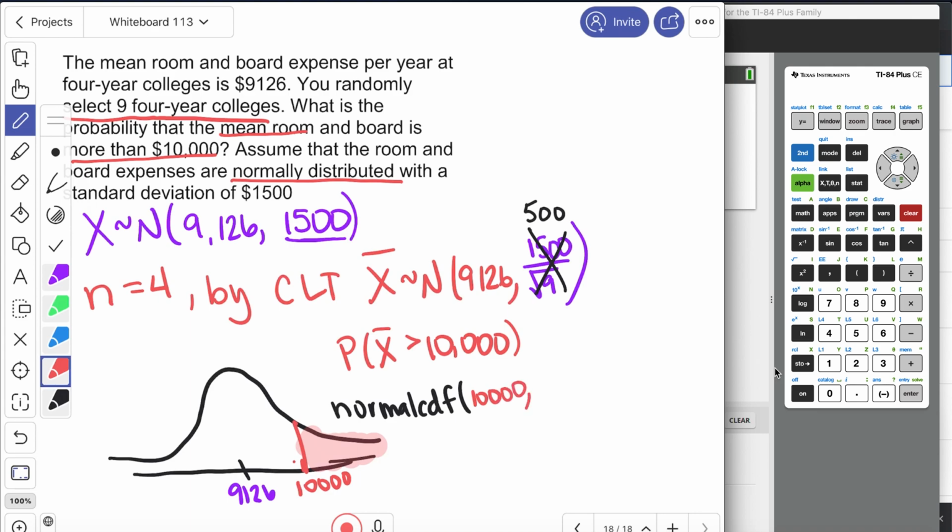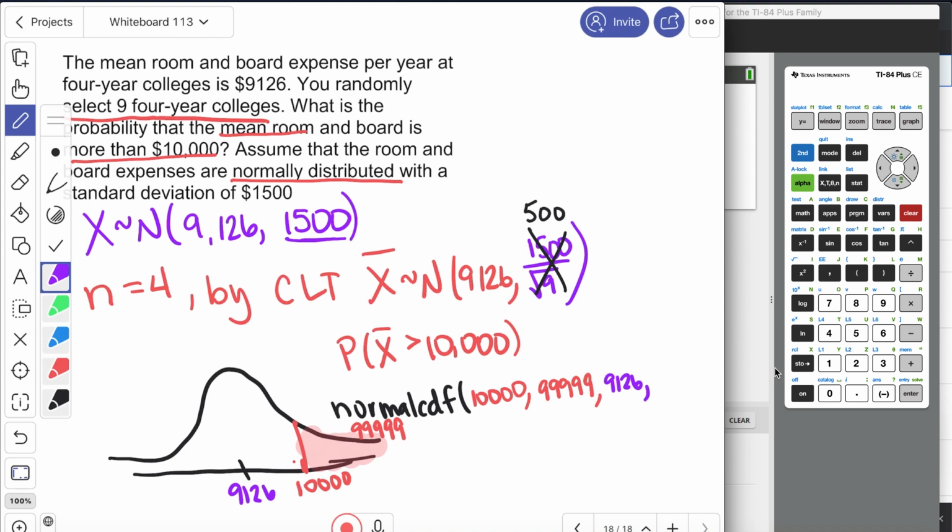And this time it goes all the way up into positive infinity, so we need at least 5 nines. Then we need a mean for the distribution, which is 9126.